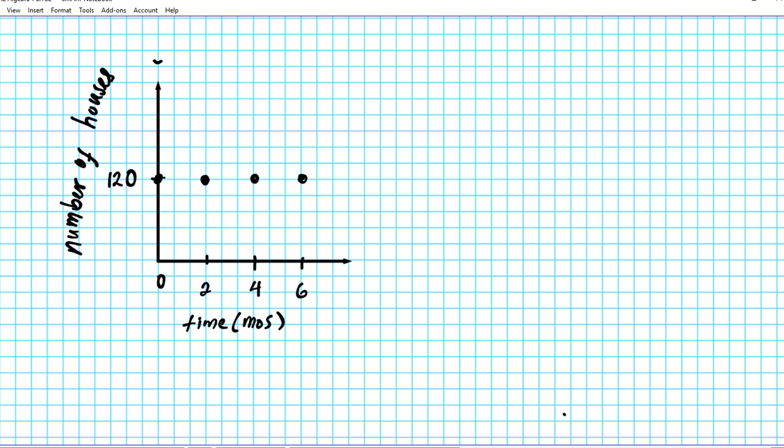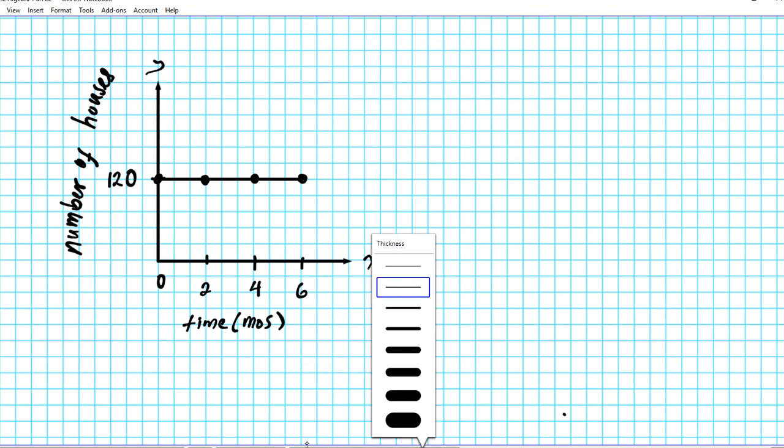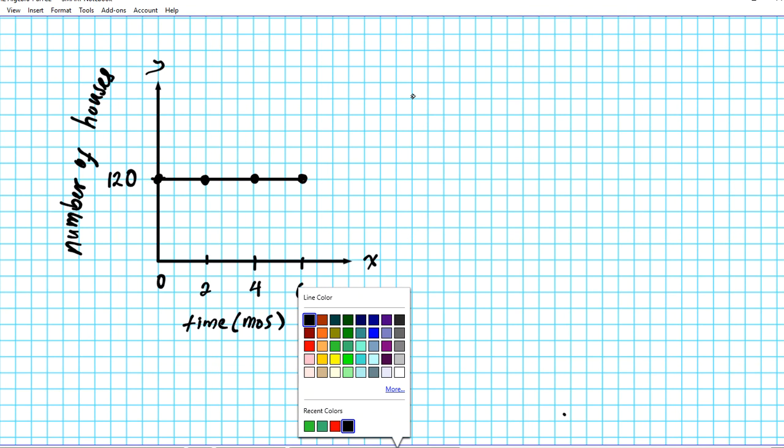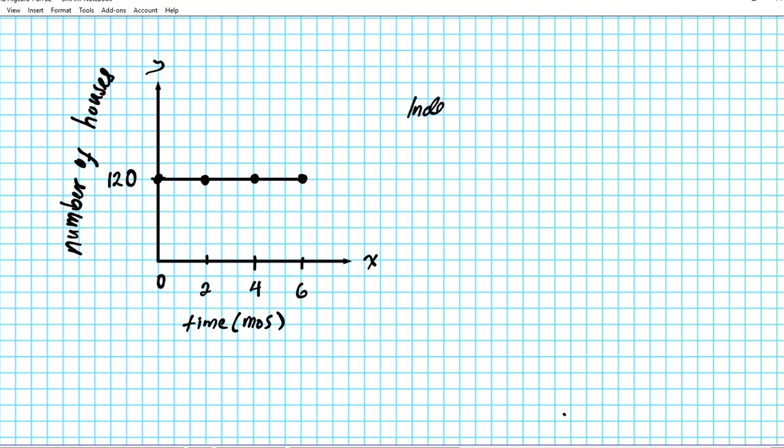All right, let's go ahead and answer some questions concerning this graph right here. We're going to start off by identifying the dependent and independent variables. Independent first.